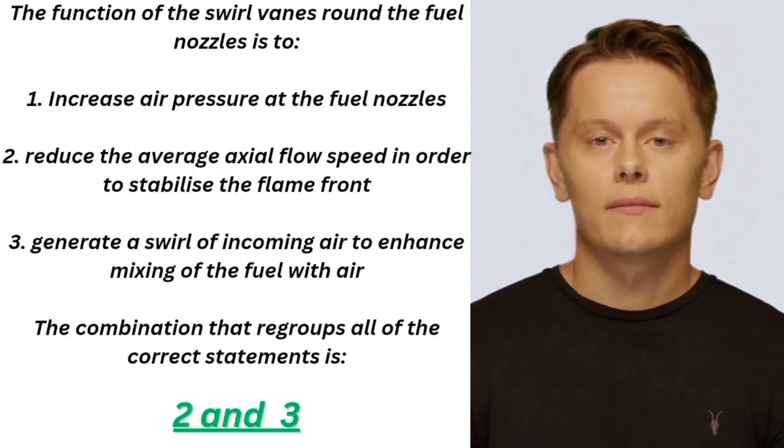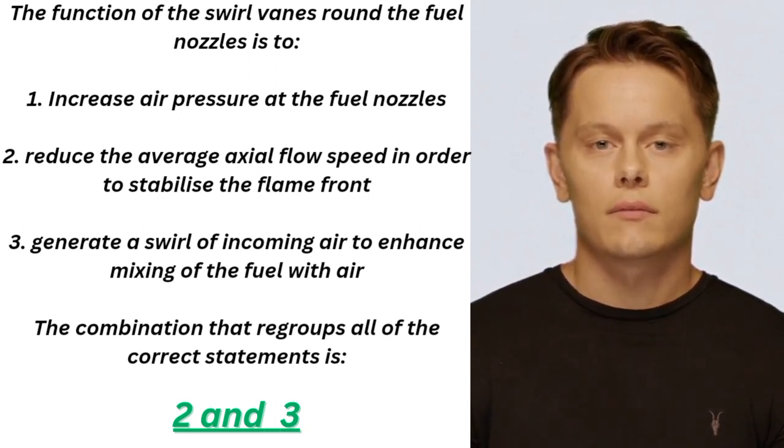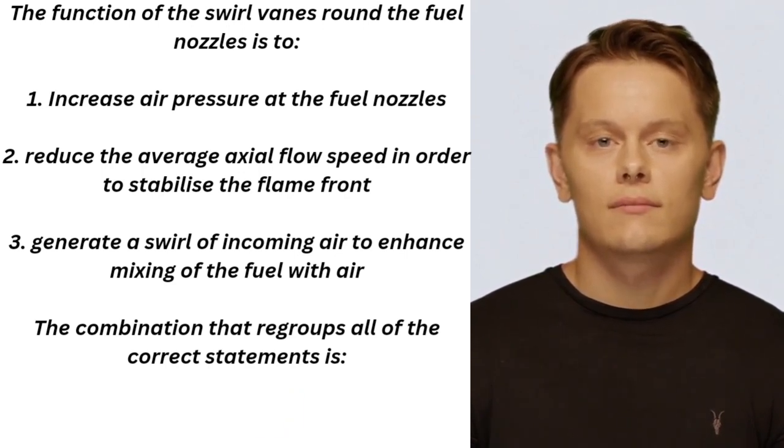Question 57. The function of the swirl vanes round the fuel nozzles is to: 2. Reduce the average axial flow speed in order to stabilize the flame front. 3. Generate a swirl of incoming air to enhance mixing of the fuel with air. The combination that regroups all of the correct statements is A, 2 and 3.